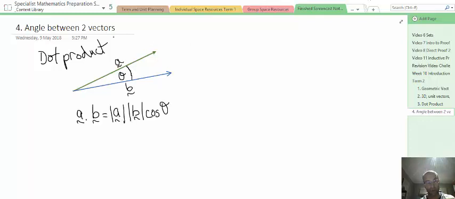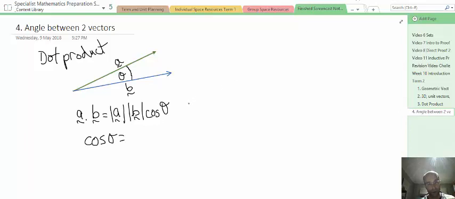We know from previous work that if we have vectors A and B separated by some angle theta as pictured, A dot B is the magnitude of vector A multiplied by the magnitude of vector B, which are both scalars, multiplied by cos theta, which is also a real number, hence a scalar, and the result is a scalar quantity.